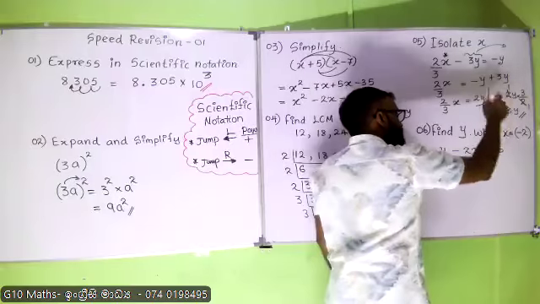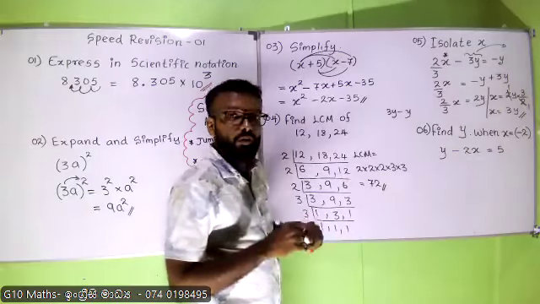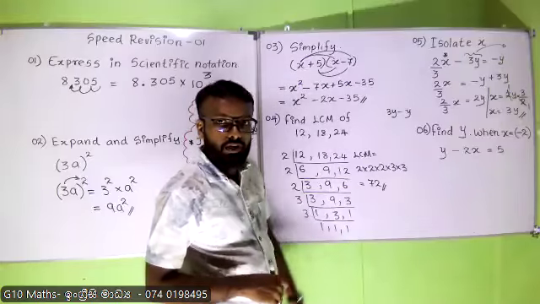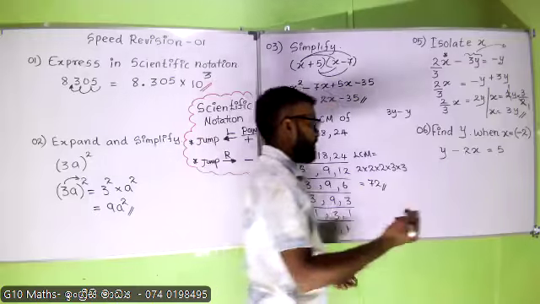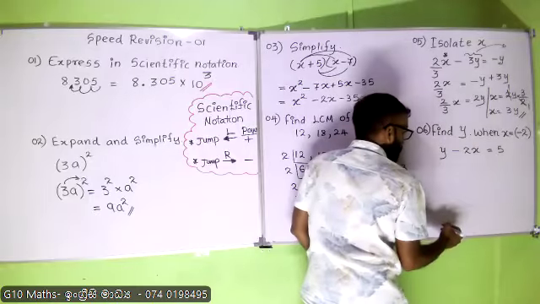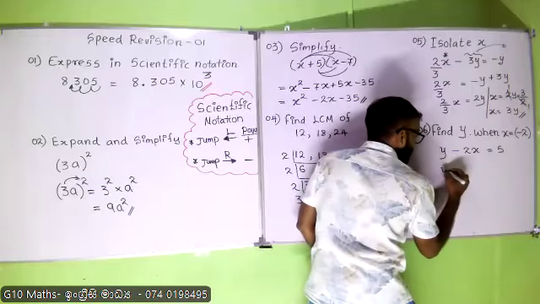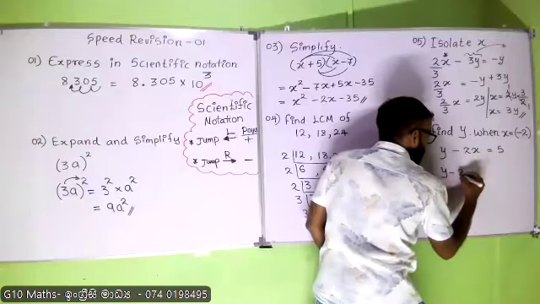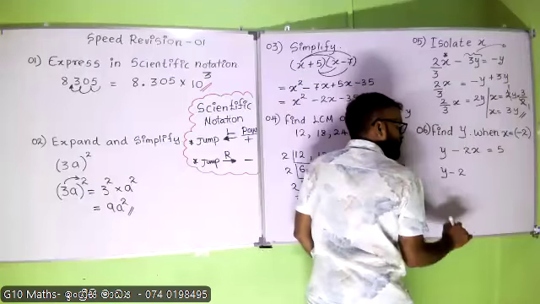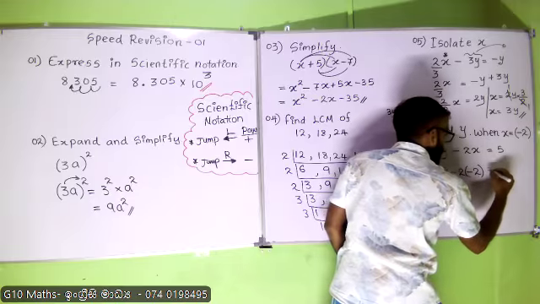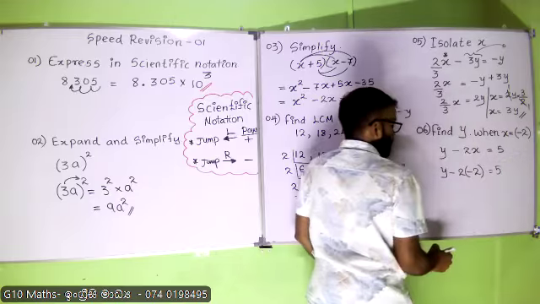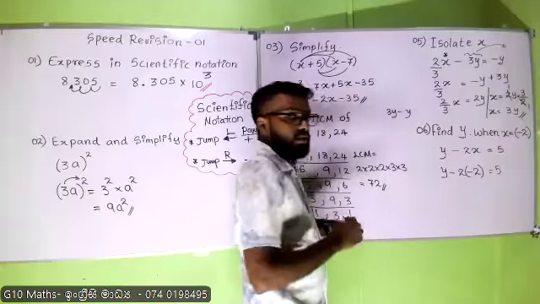Find y when x equals minus 2. You have to substitute, find the value of y. Instead of x, you have to substitute minus 2. So here, what you are going to do is y minus, here you have 2. Instead of x, I am going to substitute minus 2. Minus 2 equals 5. Sign conversion.